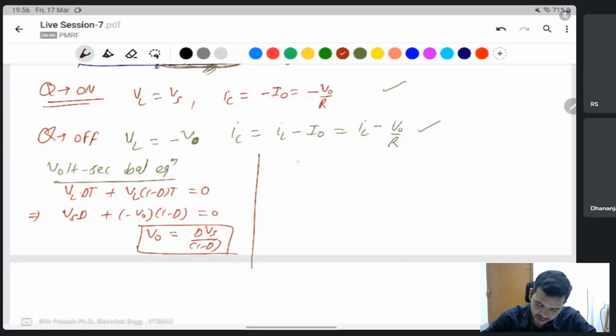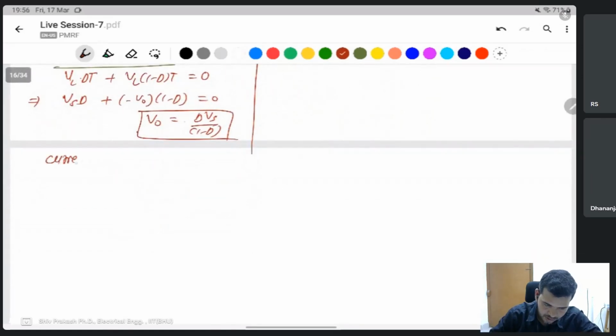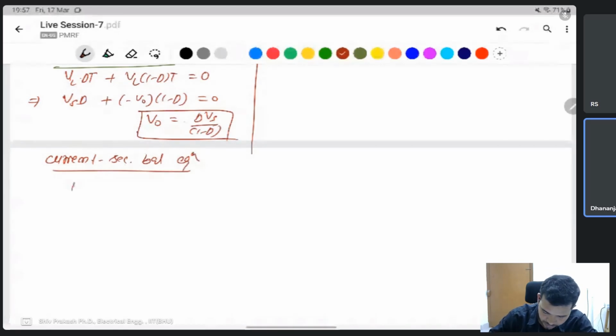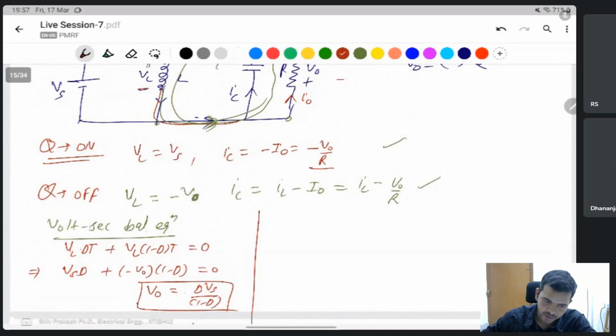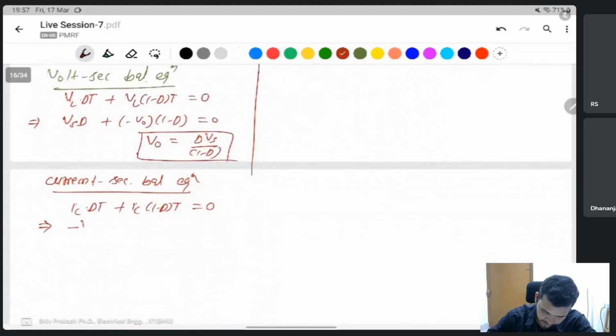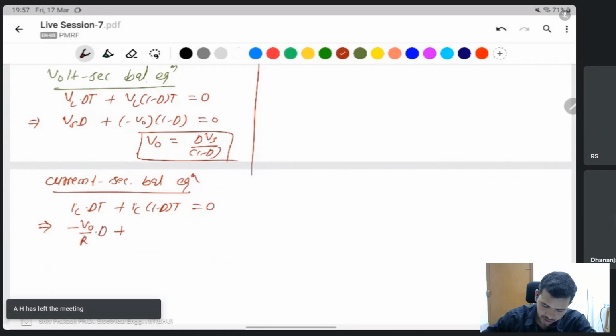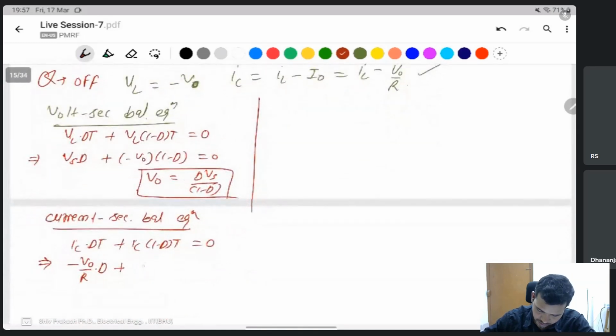Apply the current second balance equation. IC into D plus IC into 1 minus D time is equal to 0, whereas the current of the capacitor is 0, and at switch on time, IC is the same as minus V naught by R into D, and at off time IL minus V naught by R into 1 minus D is equal to 0.